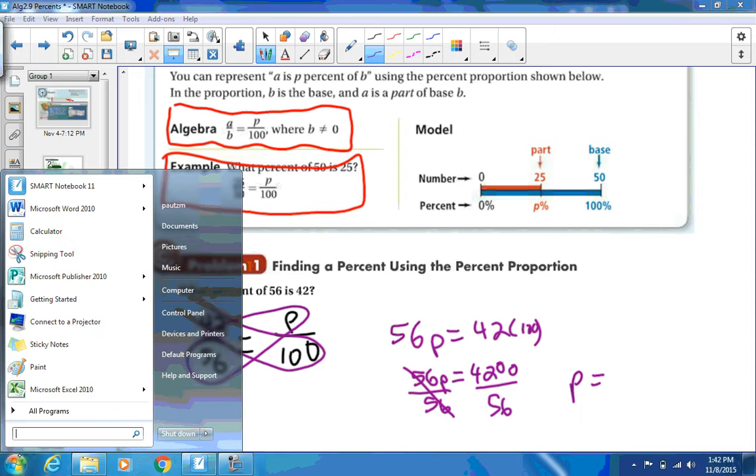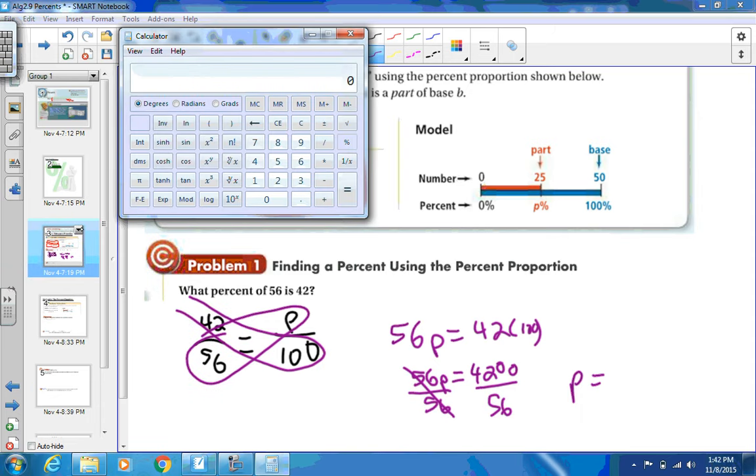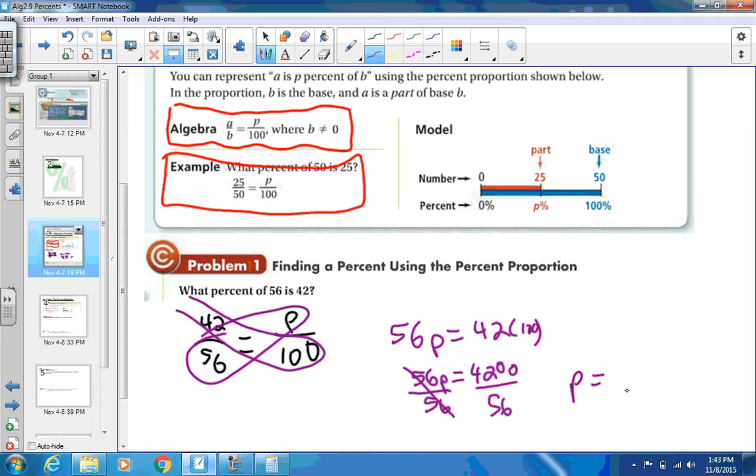I'm going to pull out my calculator. You can feel free to use your calculator too. But 4,200 divided by 56 is 75. So that means that would be 75%. So 42 is 75% of 56. All right, and that's how you do it.